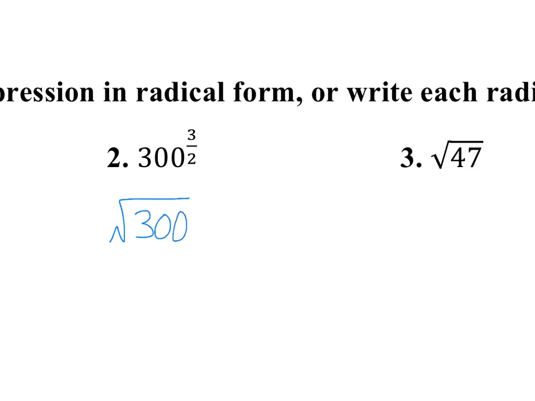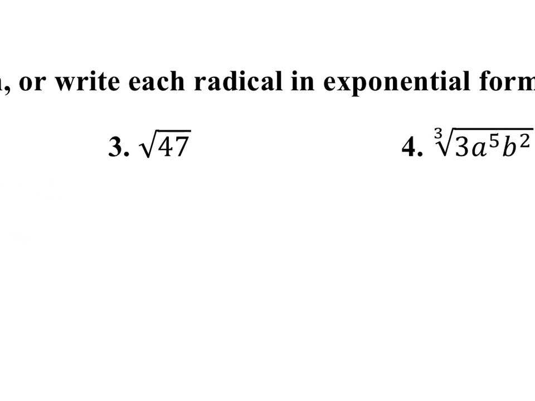So it's square root of 300 to the 3rd power. I know that simplifies. 300 is 100 times 3, so that would be 10 radical 3. But again, the directions didn't tell us to simplify.